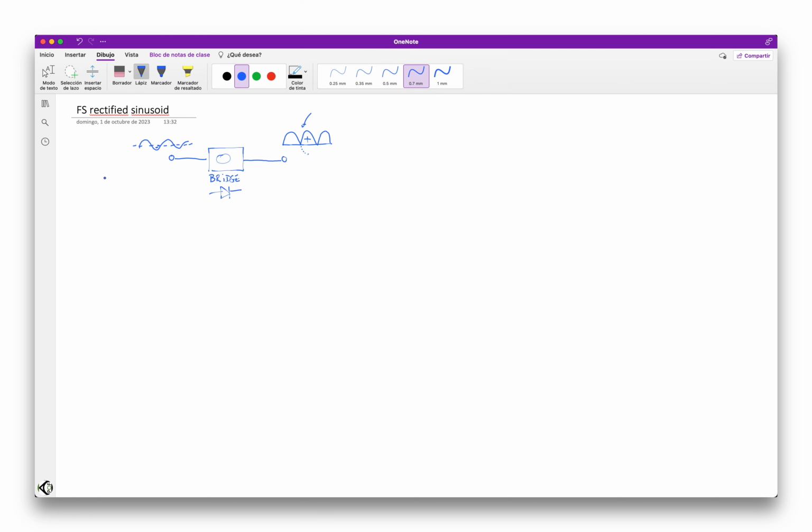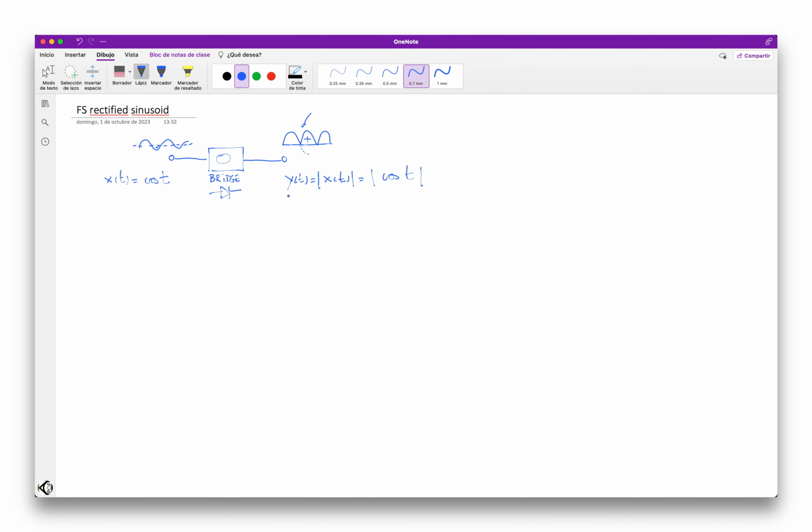Mathematically, if at the input we have x(t) equal to cos t, at the output we get y(t), the absolute value of x(t), which is the absolute value of cosine of t.